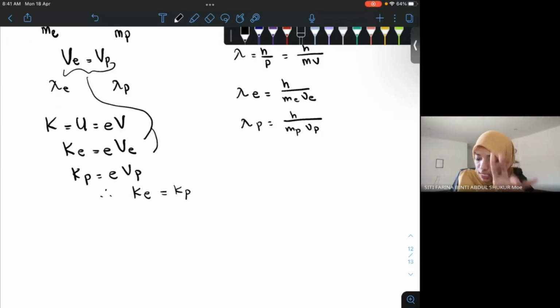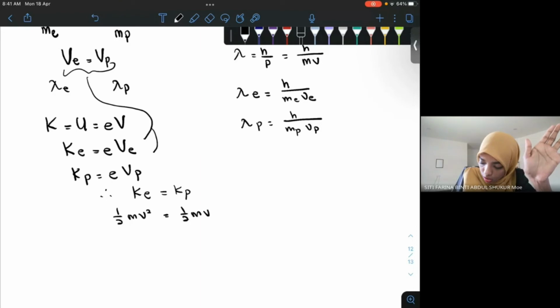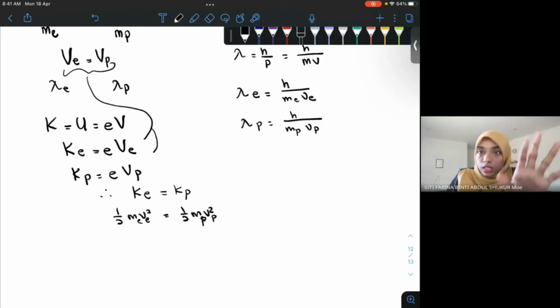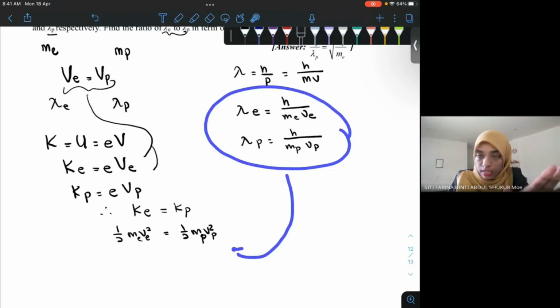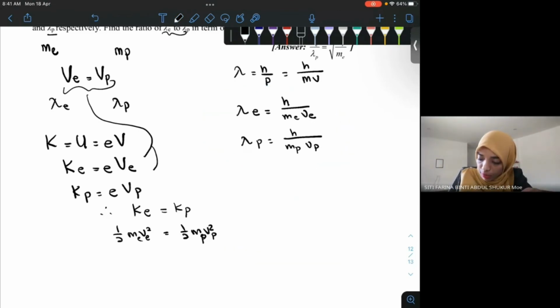Okay, and general equation yang paling basic untuk kinetic energy adalah half mv square is equals to. So, electron, proton. Okay, so now we are trying to relate this dengan sini. Okay, sebab apa yang kita ada dekat sini adalah daripada yang basic. Okay, dekat sini kita kaitkan dengan informasi yang diberi iaitu potential.